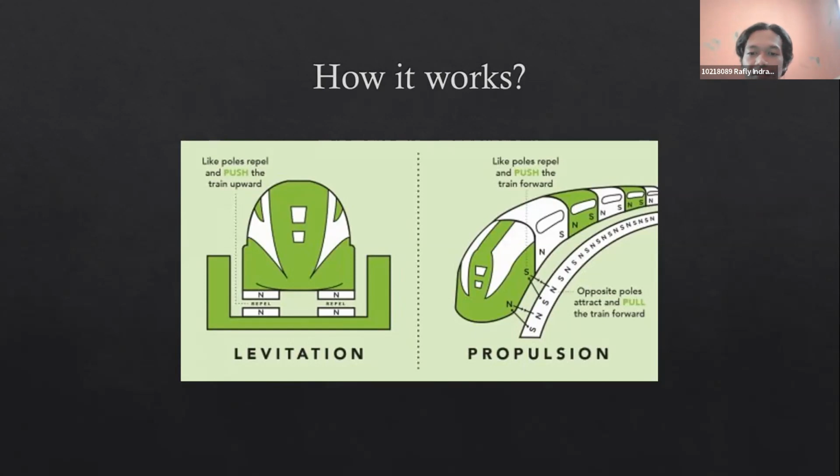The magnetic field beside the train is attracted to the magnetic field of the train, which can pull the train forward. So the south pole is attracted to the north pole. It produces the force that makes the train move forward. Yes, that is how it works.